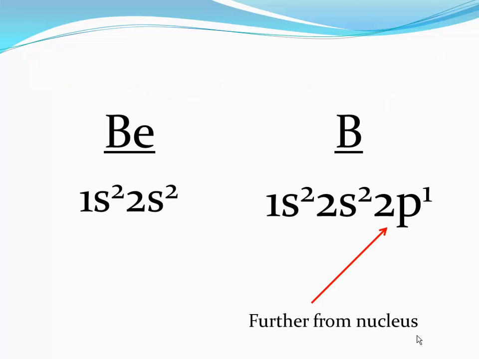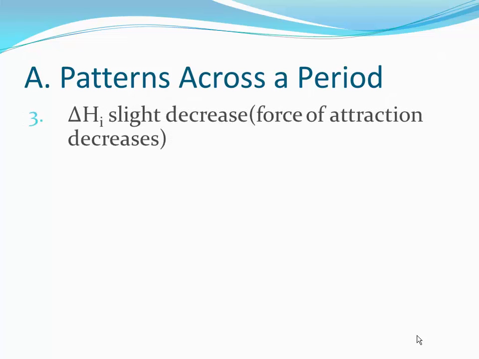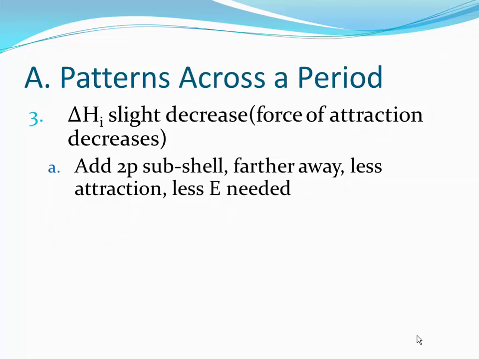Plus the s orbital is full in beryllium, so it's more stable than the 2p orbital, which has one electron. So it's a slight decrease.